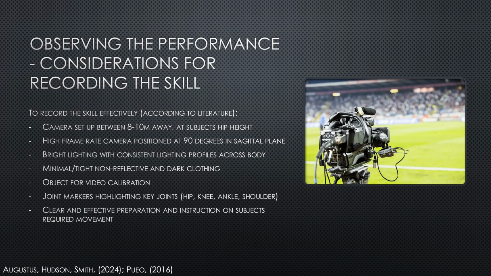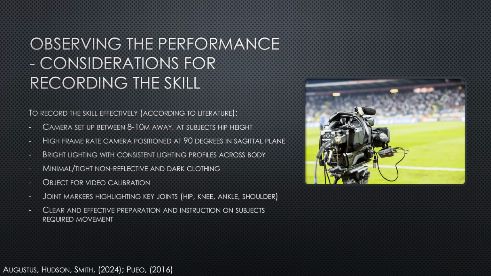So when recording the skill, according to literature, to record it effectively, the camera should be set up between 8 to 10 meters away at subject hip height, with a high frame rate camera positioned at about 90 degrees in the sagittal plane.